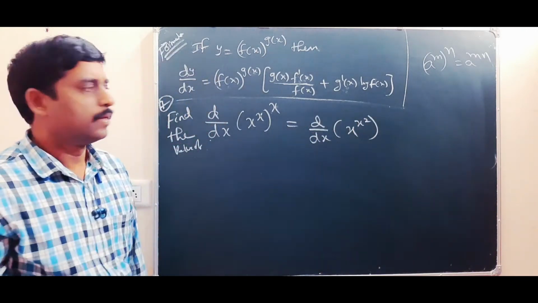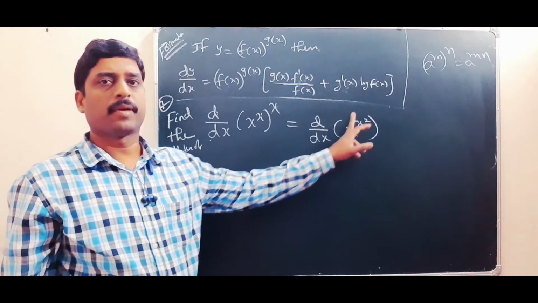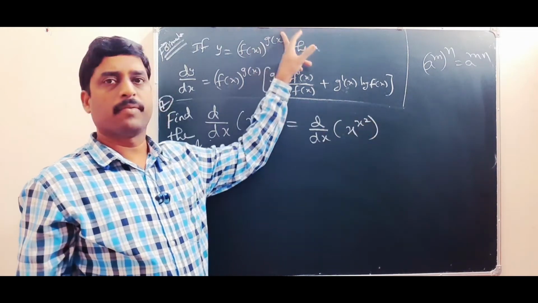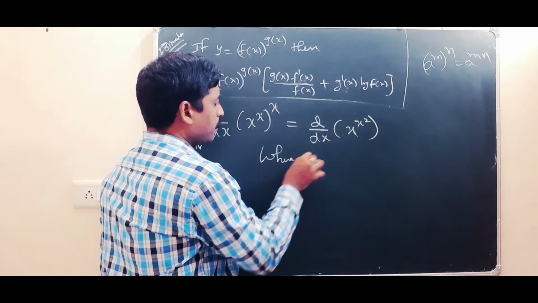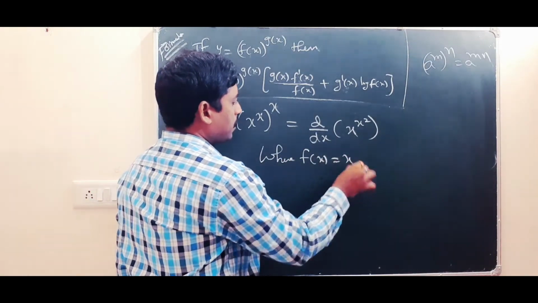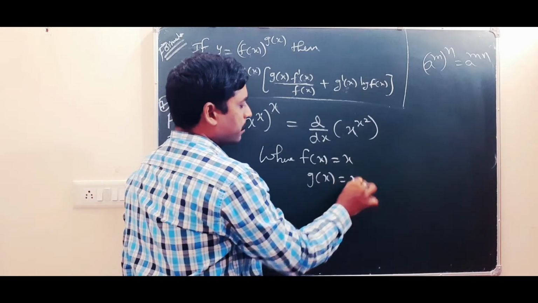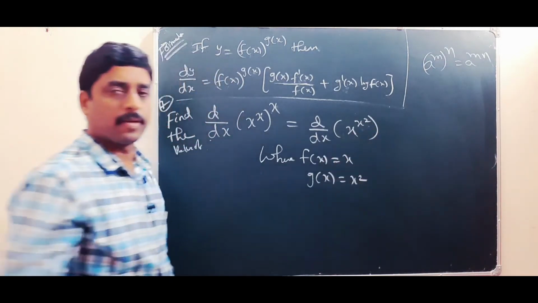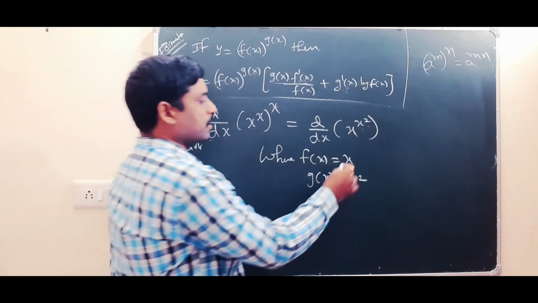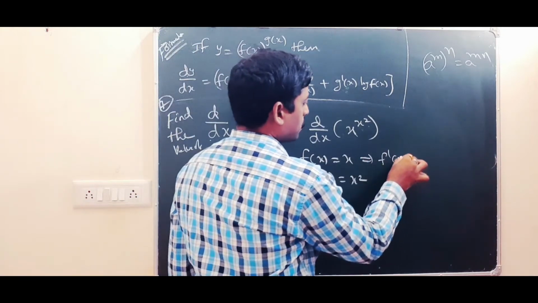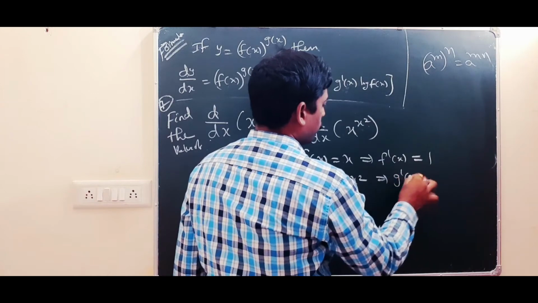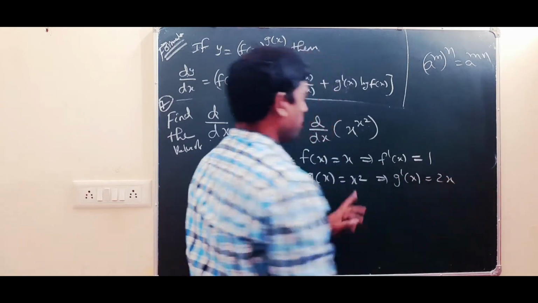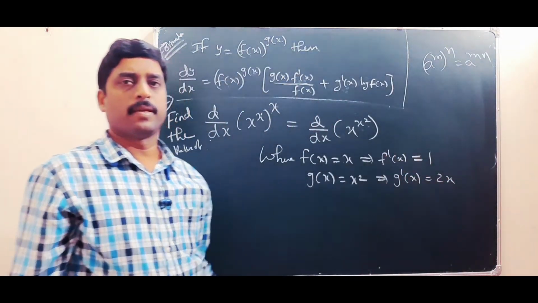On comparing x to the power x square with f of x power g of x, where f of x value is x and g of x is equal to x square. What is the power? x square. Okay, g of x value x square. Therefore f dash x, we have derivative of x is 1, and derivative of g of x value is 2x. Derivative of x square, we get 2x.